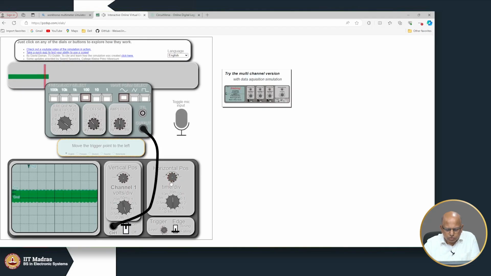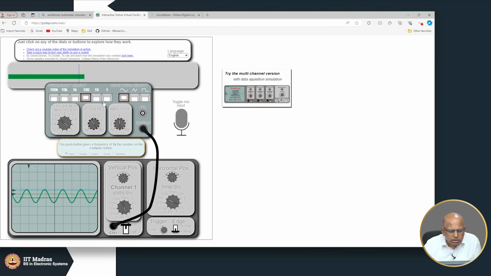Right now you are not able to see that movement. You can also change the times per division. If I change this, you can see that it is able to clearly display a waveform.